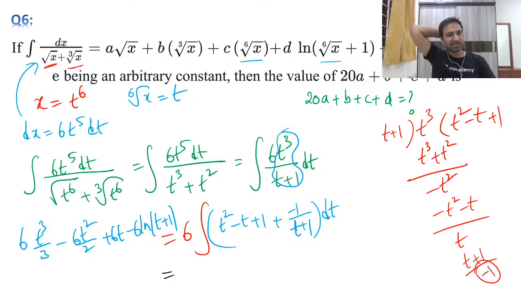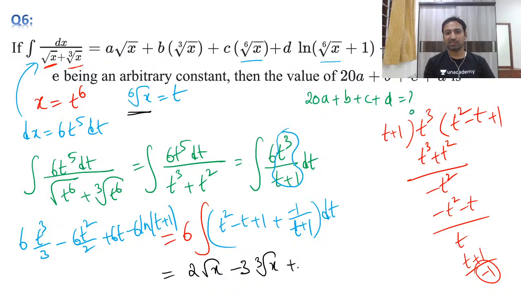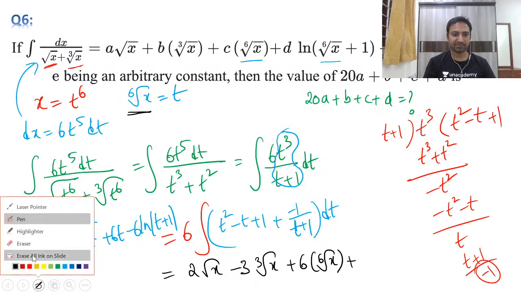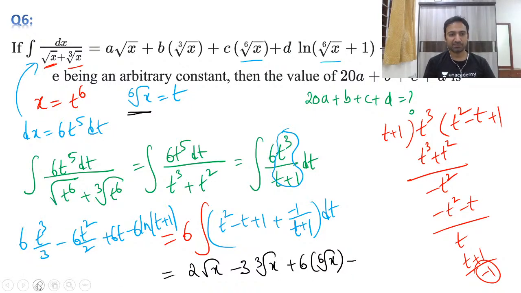Again, you can replace t with the 6th root of x. If you replace t with the 6th root of x, this is like t cube is root x, minus 3 into t square, which is the cube root of x, plus 6 into t, which is the 6th root of x, minus, right, minus 6 times log of the 6th root of x plus 1.